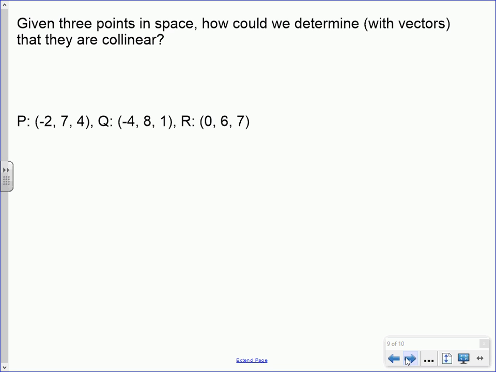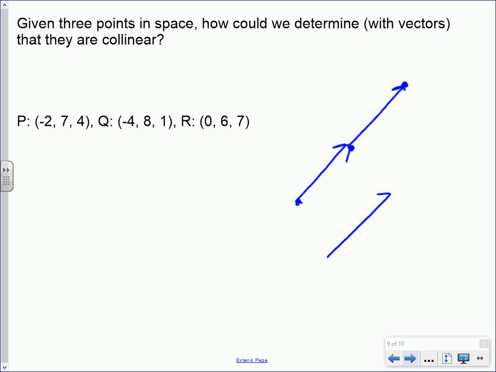If 2 vectors are scalar multiples of each other, that means we are going in the same or opposite directions. So if I make 2 vectors out of 3 points, and they're going in the same or opposite directions, what's going to be true about our 3 points? They're going to be collinear.